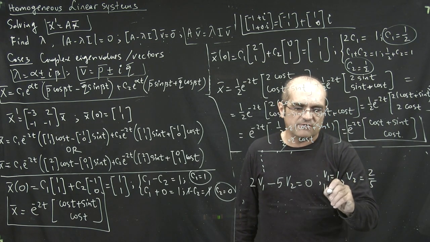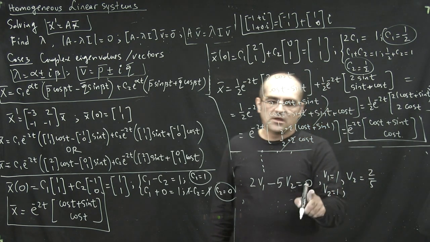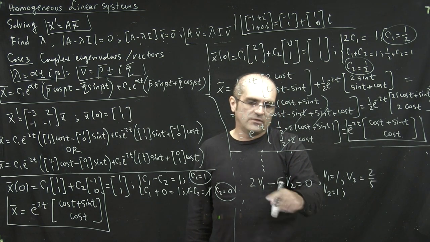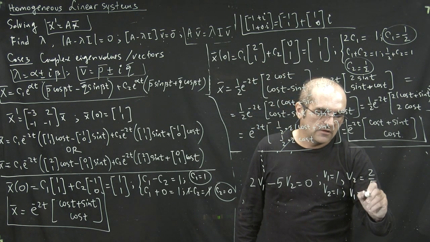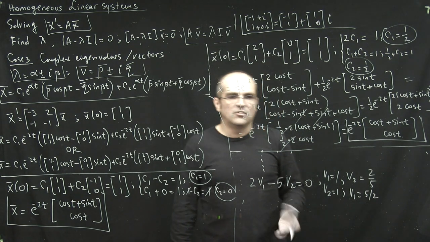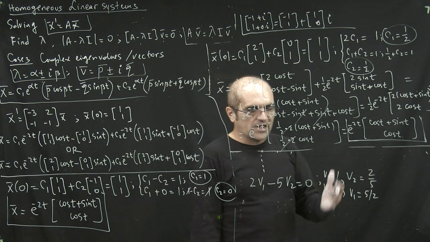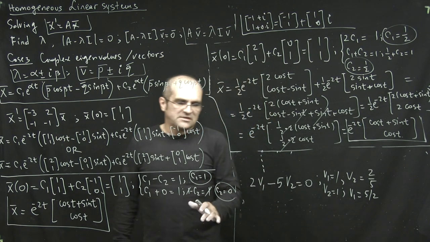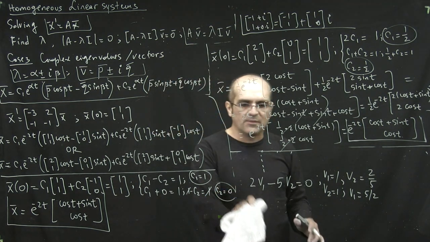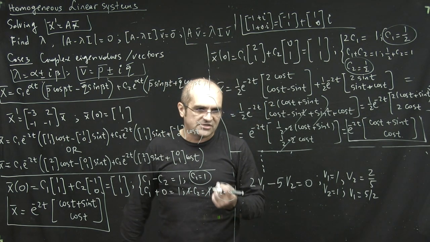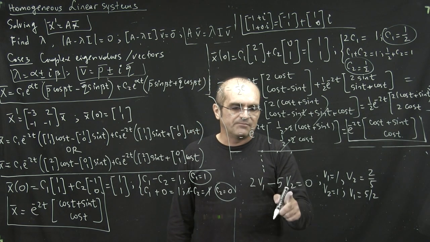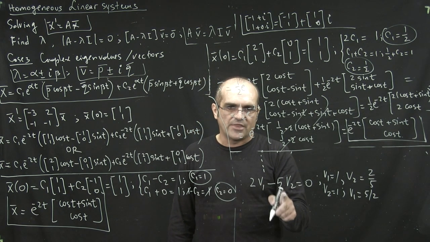If you choose v2 to be 1, then v1 is 5 over 2. So neither of them will give you no fractions. Fractions are fine, but if you want to avoid fractions for a nice computation, you have to choose a different coefficient. The magic value to choose is the one that allows you to make some simplification with the other coefficient.